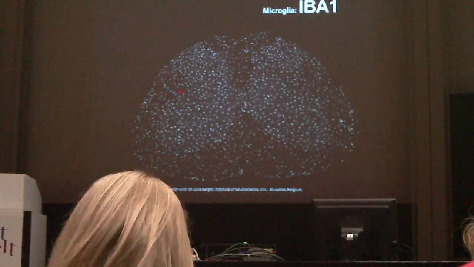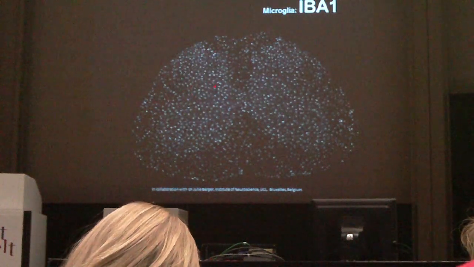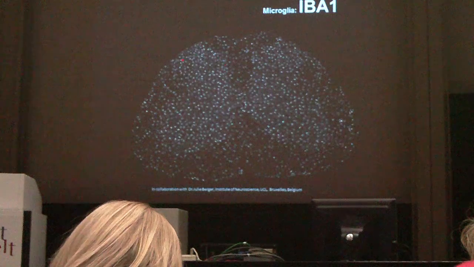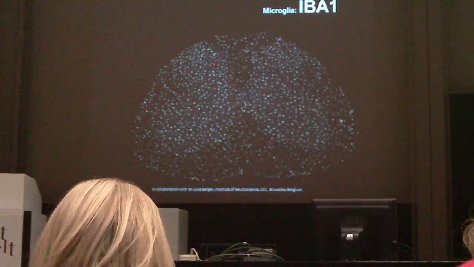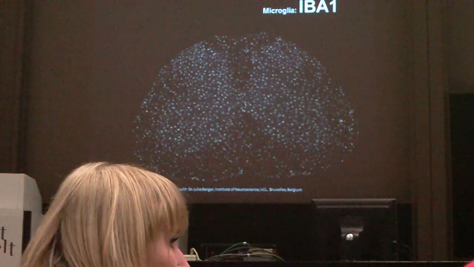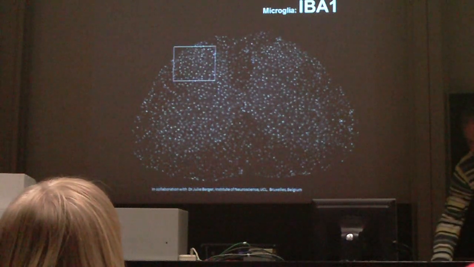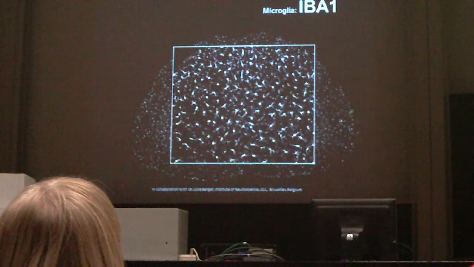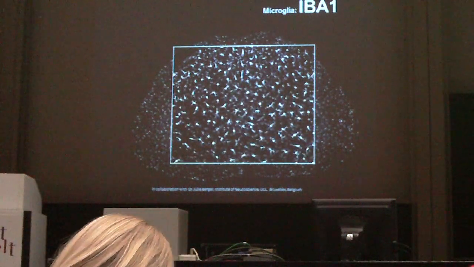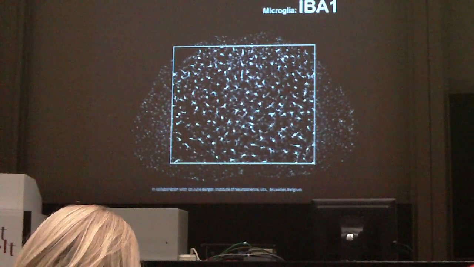This is the gray matter, this is the dorsal horn. This is where the pain fibers enter. And you see all the small dots are microglial cells. You can go into detail. Here you see the cells. They cover almost the whole area.